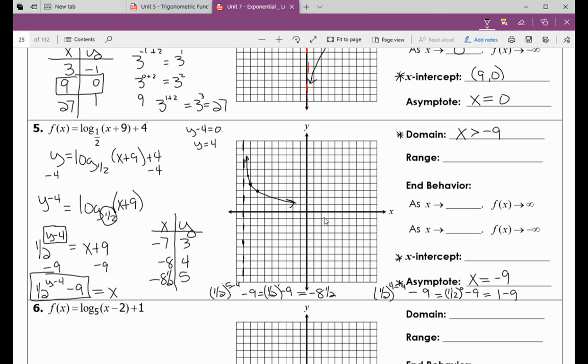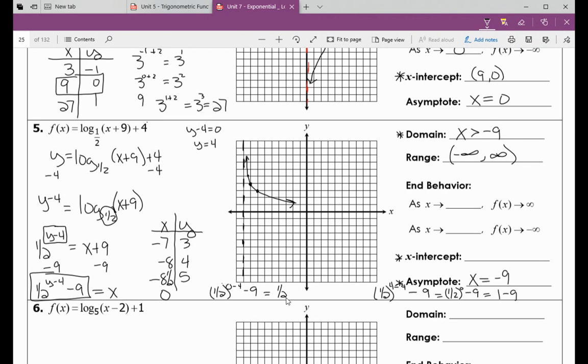Now, the only problem is I don't have my y or my x-intercept. So what I'm going to have to do is one more point. You will definitely need your calculator for this one. That would be 0 minus 4 minus 9.